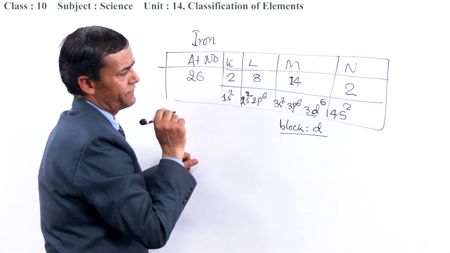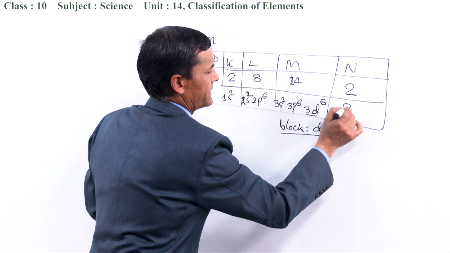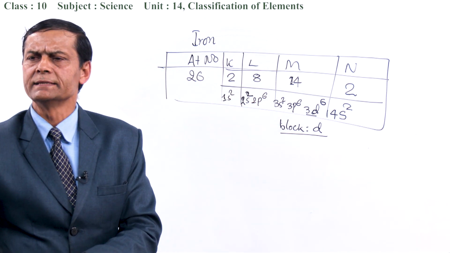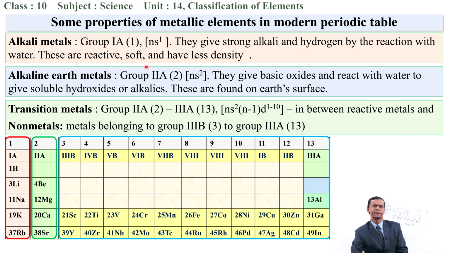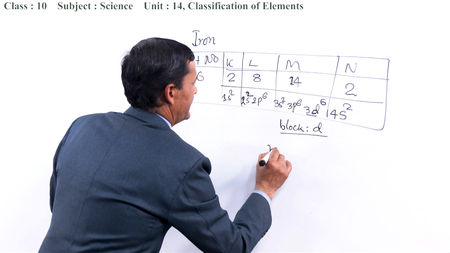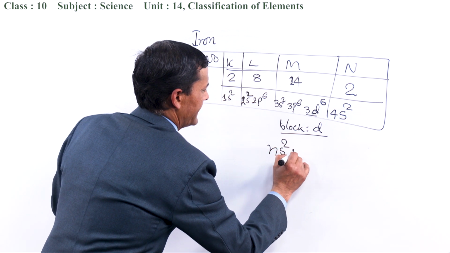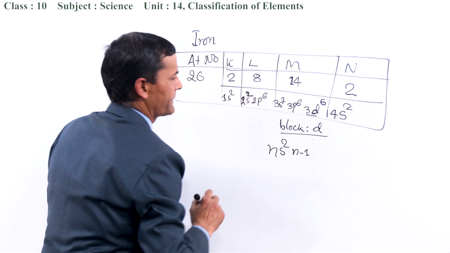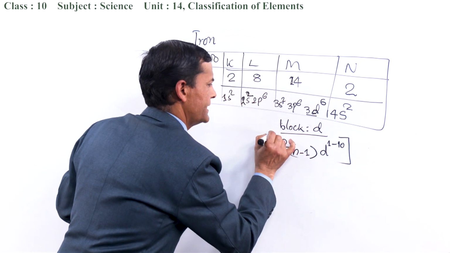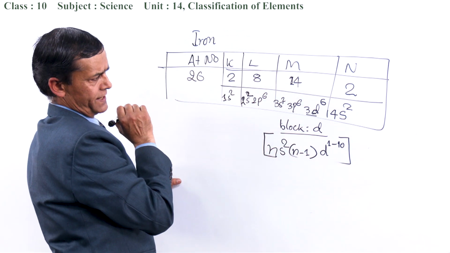Its electronic configuration is different from the other elements. So it is represented by, look at here, ns2, (n minus 1)d, 1 up to 10. This is the basic electronic configuration of a d block element.